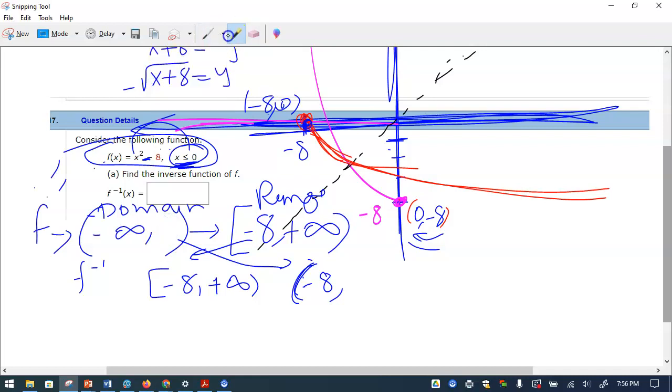This is 0 because the original function's domain is from minus infinity till 0, and 0 can be taken. So this is the mistake I did. So this is correct.